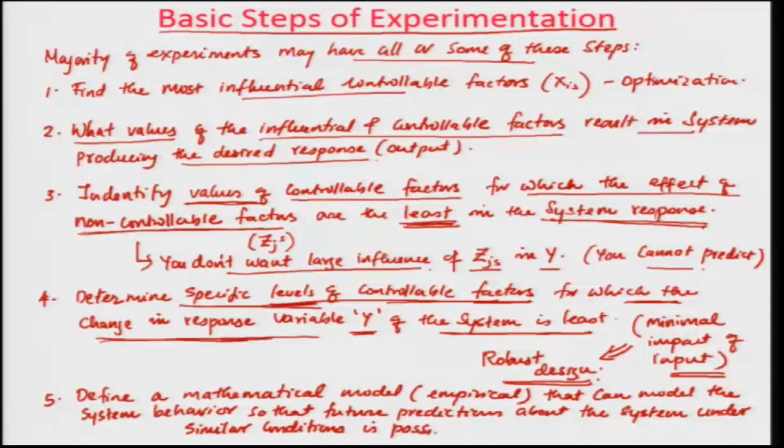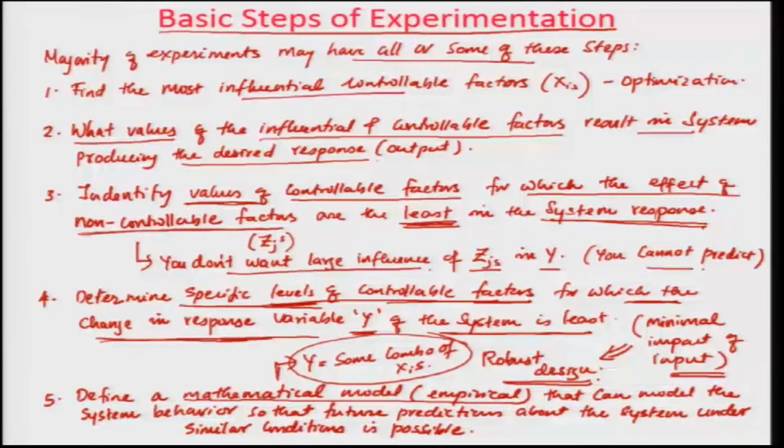So, what we are saying here is, let us define a mathematical or an empirical model. An empirical model in this case is y equal to some combination of xi's. Okay. We are combining the xi's, the controllable variables, to give a result to y. So, using this empirical mathematical model, the system behavior in the future can also be predicted, if similar conditions occur in the future.